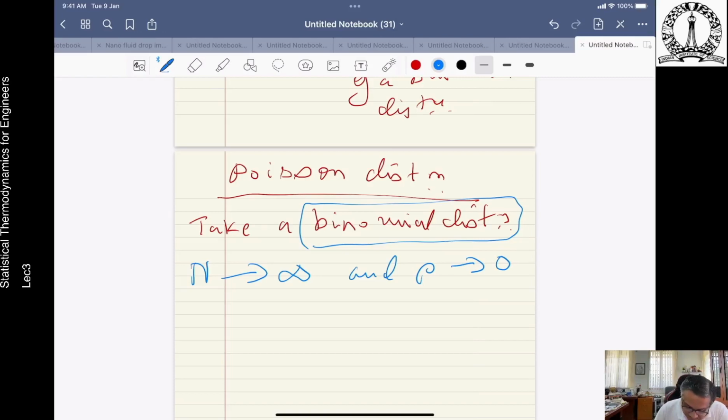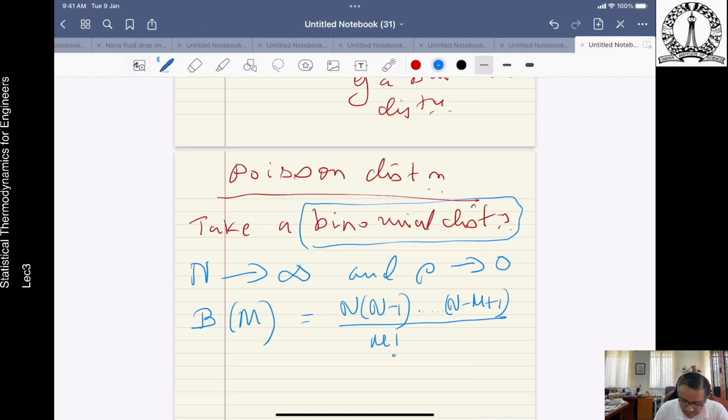So in this case, if you write the binomial distribution and open things up a little bit, you have n times n minus 1 and so on down to n minus m plus 1, divided by m factorial.